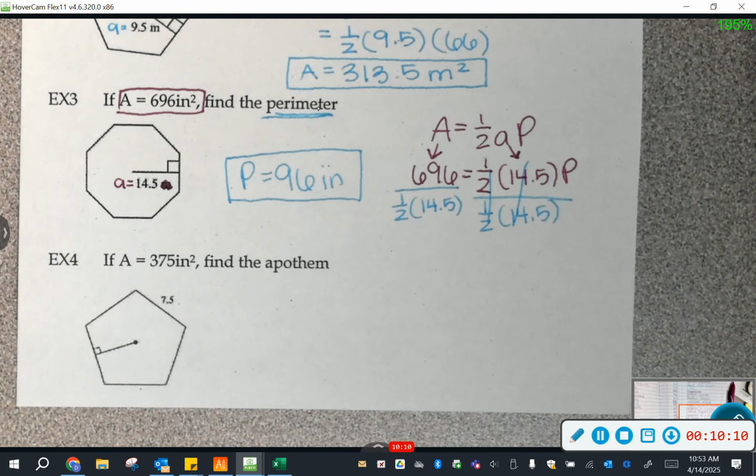You do number 4. No, 7.5 should not be in your equation.